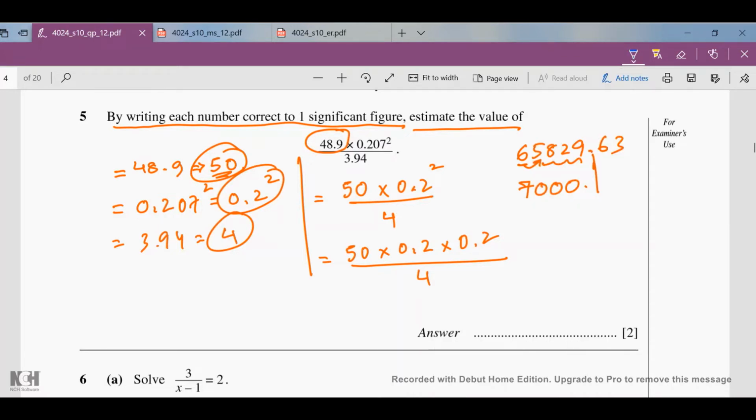When you remove this you can write 10, when you remove this you can write 10, and 50, 10 cancel, 2 times 2, 2 times 2, 2 and 2 cancel, and your answer is coming 5/10, and 5/10 you can simplify to 1/2, and then finally 0.5. So this is one decimal place, and that's your answer.